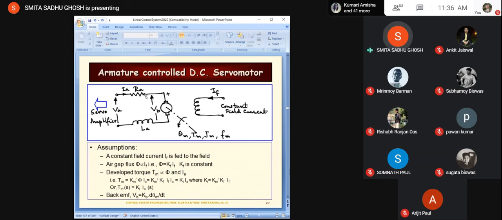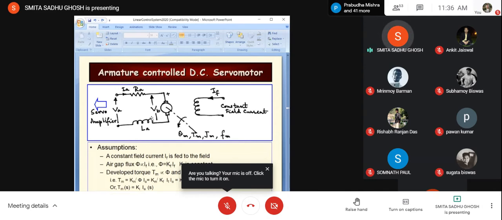The output, of course, is the motor shaft angular position, meaning theta m. So we would have to bring the final expression in terms of VA and theta m, and get rid of intermediate variables. So as a starting point, we write down the electrical equation of this armature side. So what is that going to be?